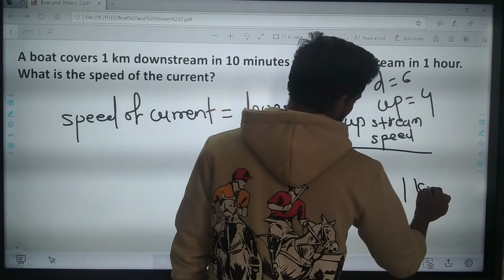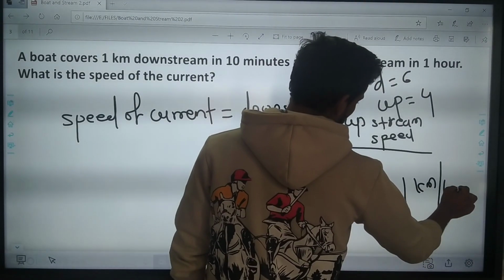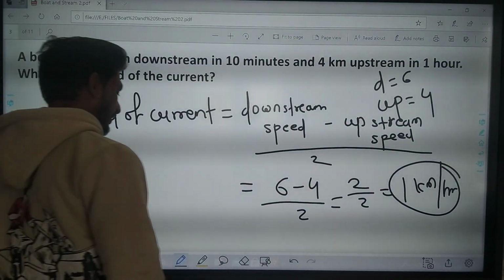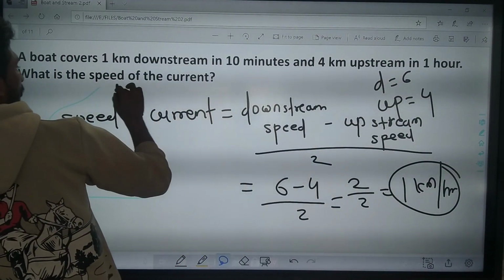Then your speed of current is 1 kilometer per hour. This is your answer. Now next.